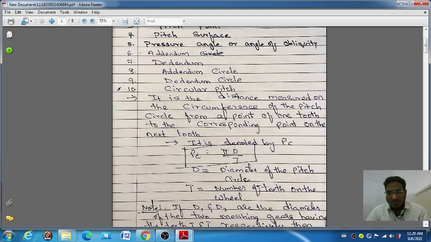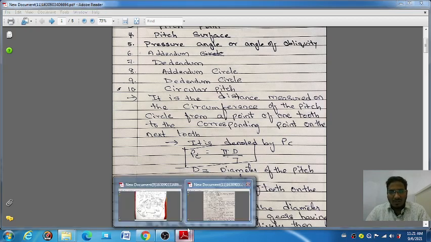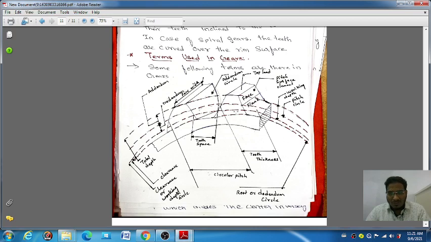What is circular pitch? It is the distance between the circumference of the pitch circle from a point on one tooth to the corresponding point on another tooth. Here you can see one tooth is there. So this is called circular pitch.